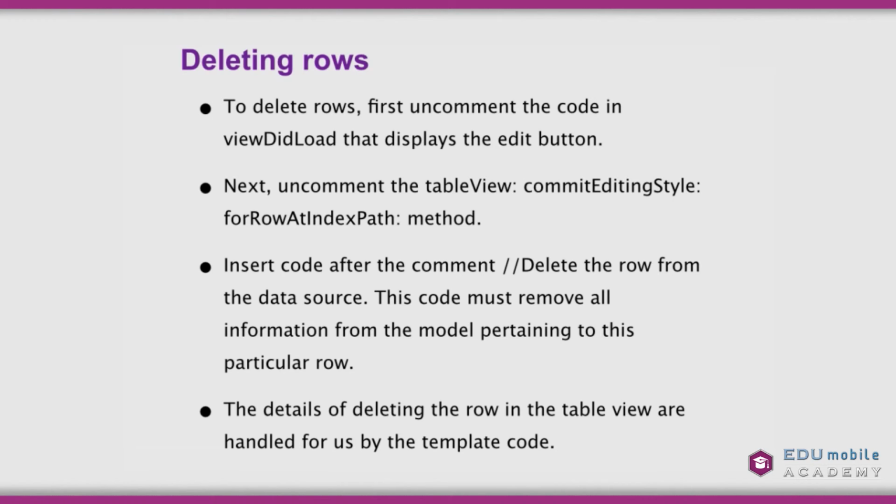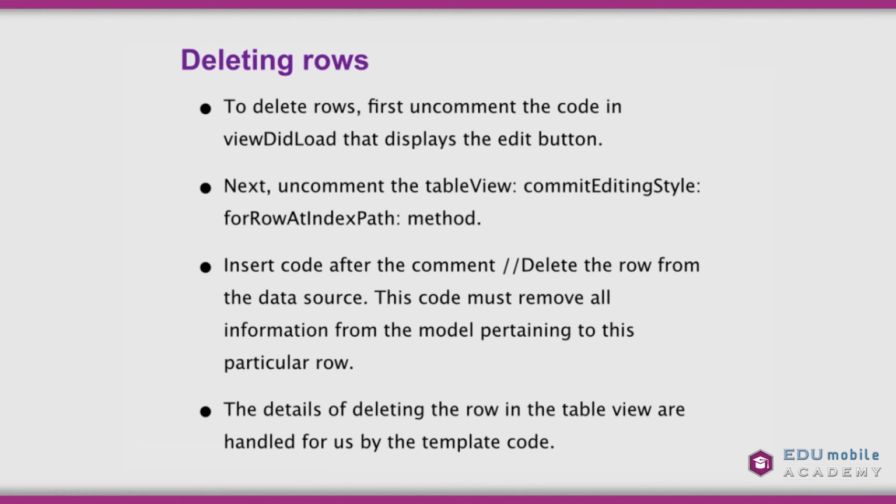Not that it's doing it, that we need to do it. And the data source it's talking about here is the model. So we need to remove all the information that pertains to this row of the table view from the model. And we need to do this ourselves because the template code has no idea what our model looks like.